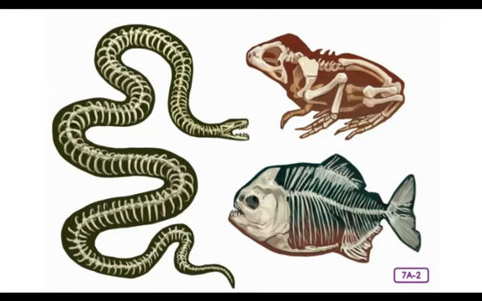All right. What common characteristic is visible in all three? Yes, all three of them have backbones. So as you probably recall, scientists classify them as, yes, vertebrates. We're not going to spend much time talking about their internal body temperatures today.